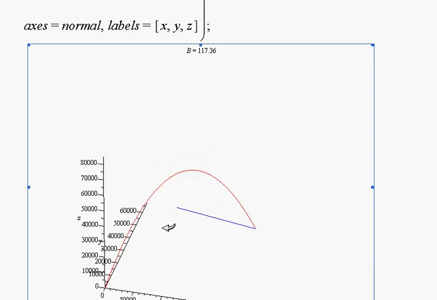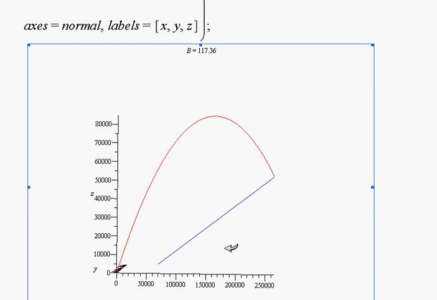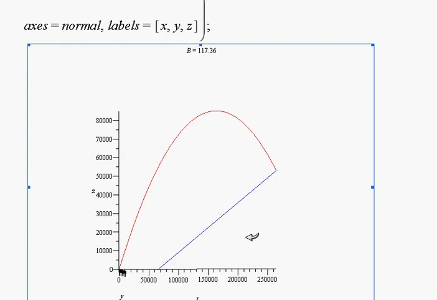We said that it should hit at roughly 265,000 feet along the x-axis, and if we look right here, there's where it hits, and that's 250,000 feet. So that's about right. We said that it should hit at 10 miles up, or 52,800 feet. And if you look on the z-axis here, there's 50,000, 60,000, and it hits right around there.